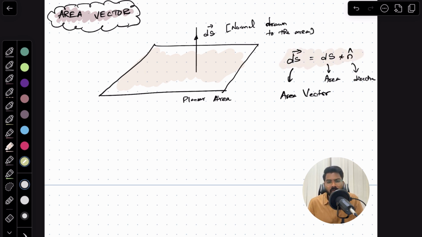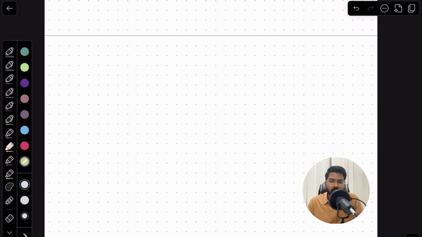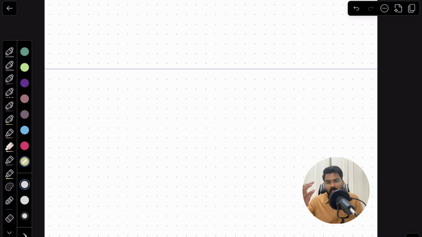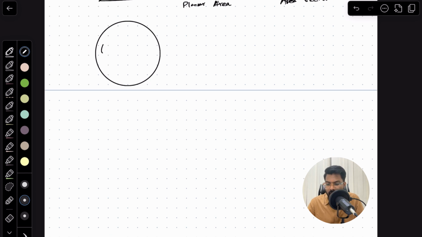This is in the case of a planar area. Now let's look at what happens if it is a curved area. That is something like the surface of a sphere. Now if you have a spherical surface like this, a curved area, the surface is made out of many small planar areas. You have to imagine this to be made up of several smaller planar areas.